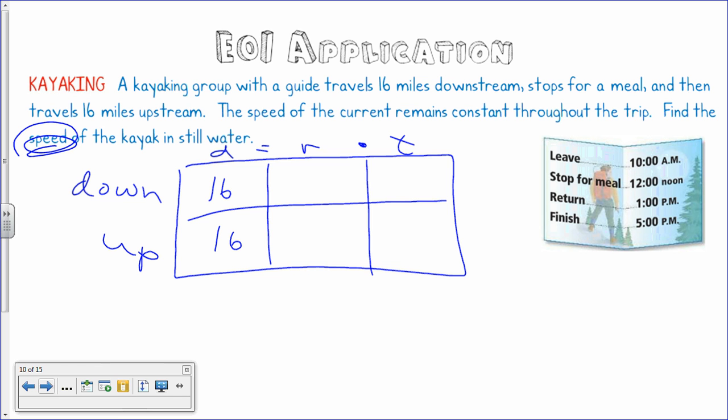What is speed? That's rate, right? Do I know the time though? Yes. I left at 10, stopped at noon, so that's 2 hours. Returned back at 1 for an hour, left at 1 and finished at 5, so that's 4. Good.